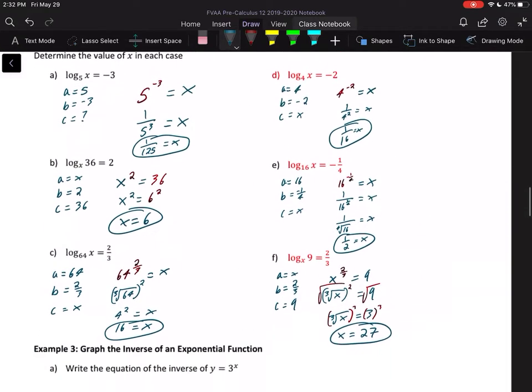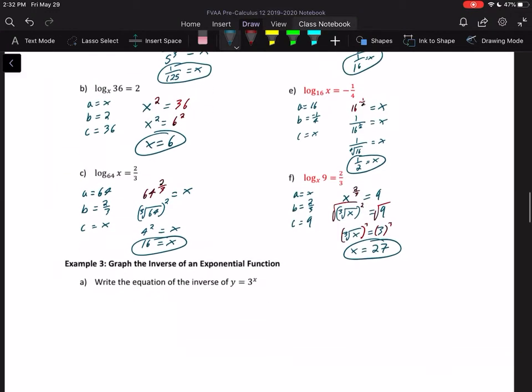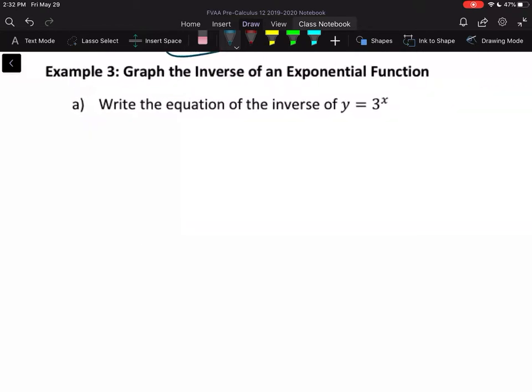Okay, so hopefully that went well for you. Some of these are a little confusing. Again, confirm with your calculators as you're doing these. Let's talk about the graphs. Okay, example 3, graph the inverse of an exponential function. Write the exponential equation of the inverse, y is equal to 3^x. Well, we know for inverse you just switch the x and the y.